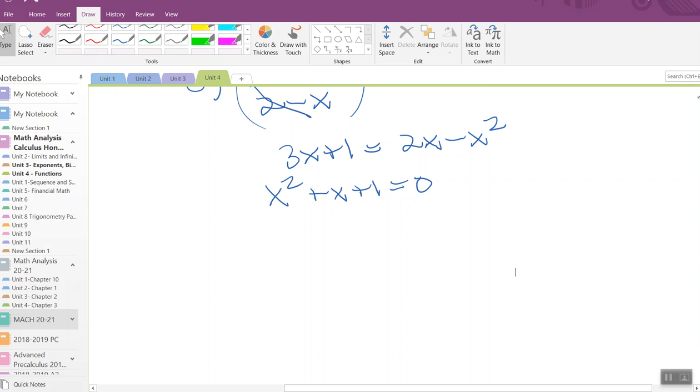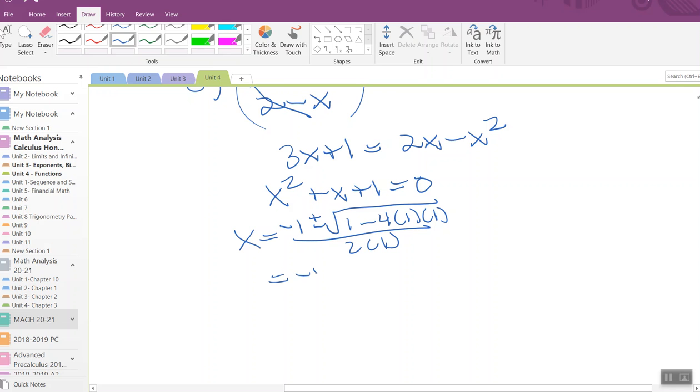So you can't factor, but when you solve with the quadratic formula, you get negative b plus or minus the square root of b squared minus 4ac, all over 2a. So notice you get negative 1 plus or minus the square root of negative 3, over 2.